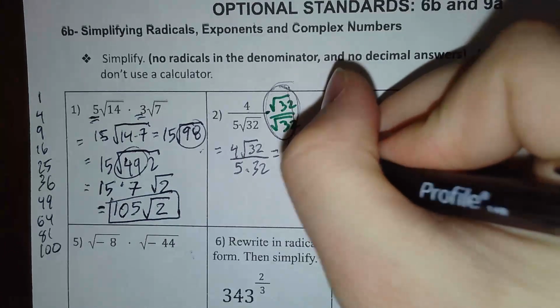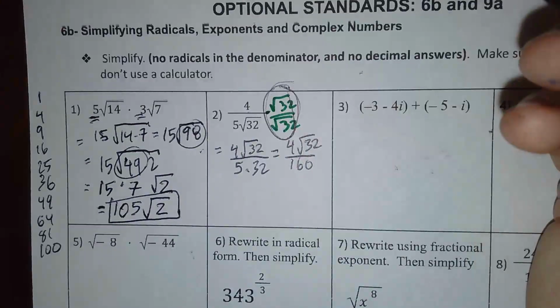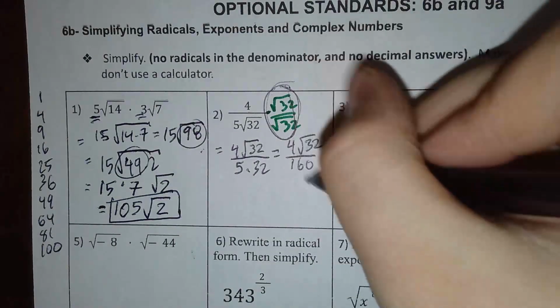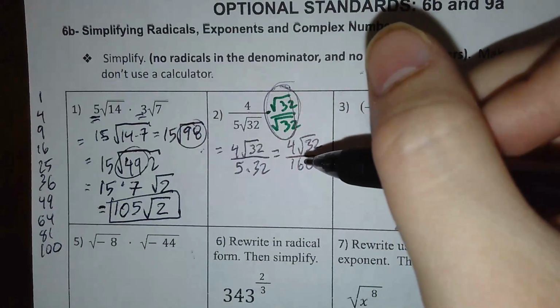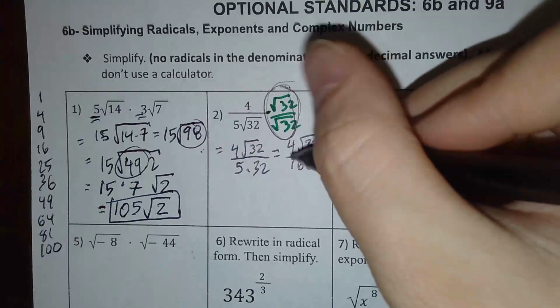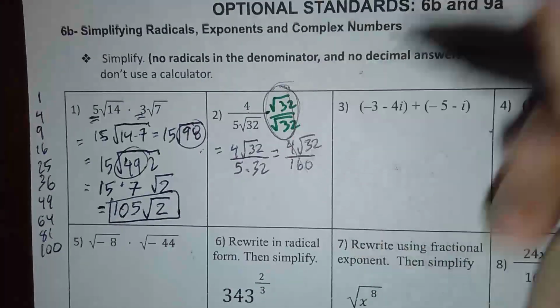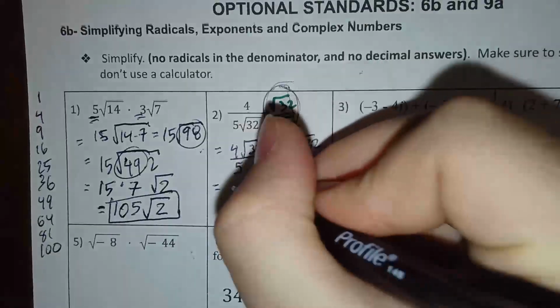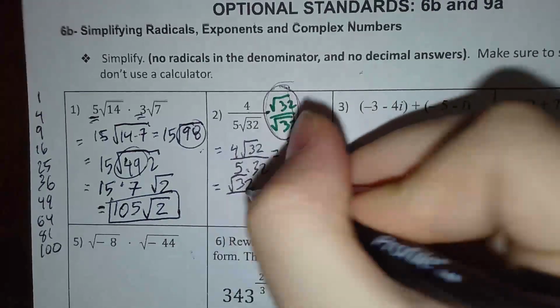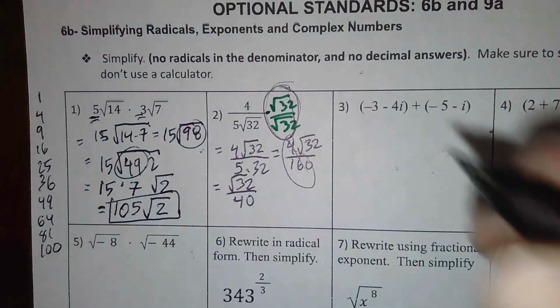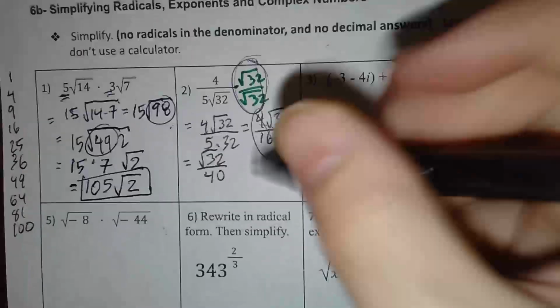It's 160. So now I'm going to try to simplify this even further. What is 160 divided by 4? The answer is 40. So I know this simplifies to 1 over 40. So that gives me root 32 over 40.